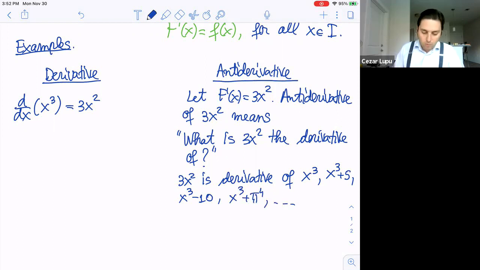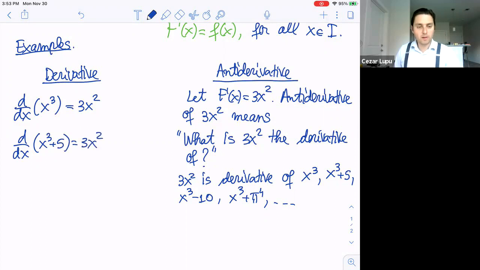And in the same way, we can say that the derivative with respect to x of x cubed plus 5 is the same as 3x squared, right? Because here you apply the sum rule, and you have the derivative of x cubed with respect to x plus the derivative of 5 with respect to x, which is 0, because it's just a constant.